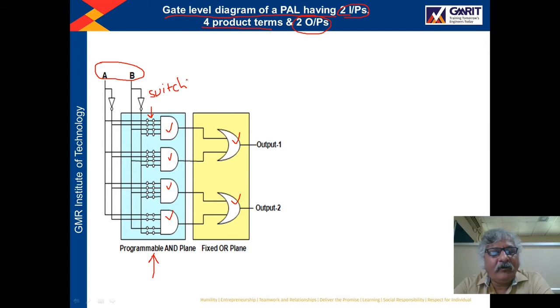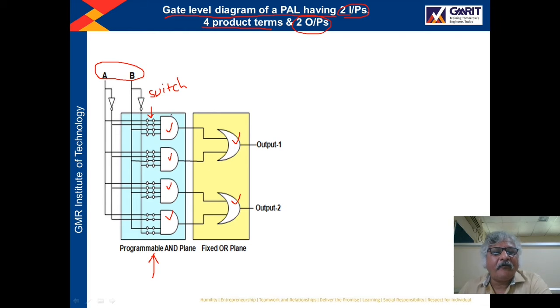During synthesis we give the information about this PAL, the target technology, and then we generate one bitmap file. Then this PAL device is placed over a programmer, and the bitmap file is downloaded through the programmer into this PAL, and according to the bitmap file, the switches will be blown or may remain intact.